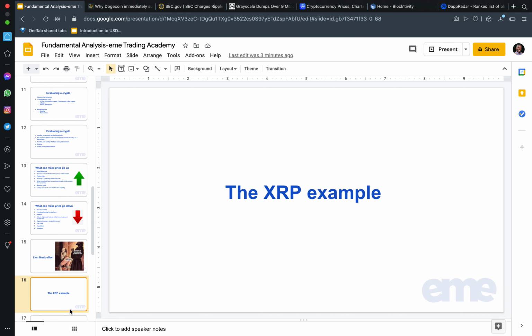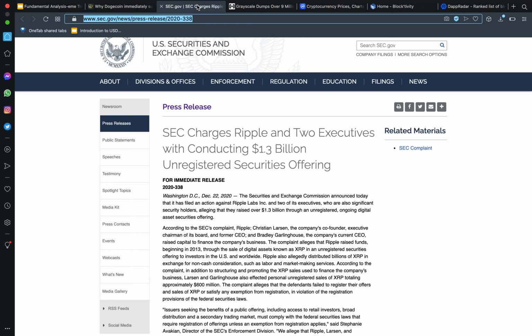The XRP example, boy oh boy, SEC has been doing a lot of regulation lately. Regulation in quotes. SEC charges Ripple and two executives with conducting a 1.3 billion unregistered securities offering.